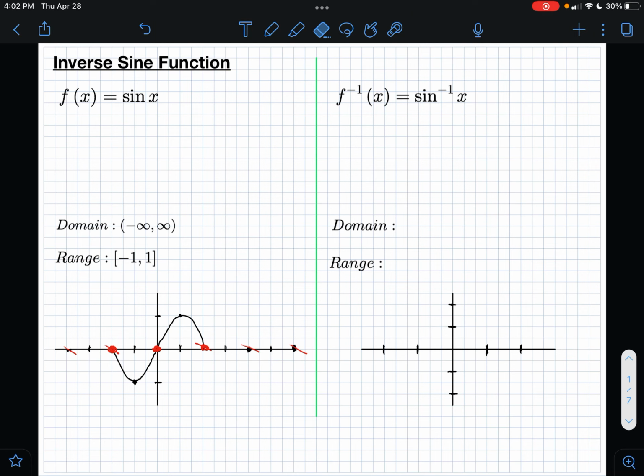Something else we need to consider is that even with this restriction, we are still repeating some y values, because from 0, we can go up to our maximum point, our amplitude there of 1, but we cannot pass that maximum value, because as we know from talking about extrema, a maximum occurs when you increase into it and then decrease out of it.